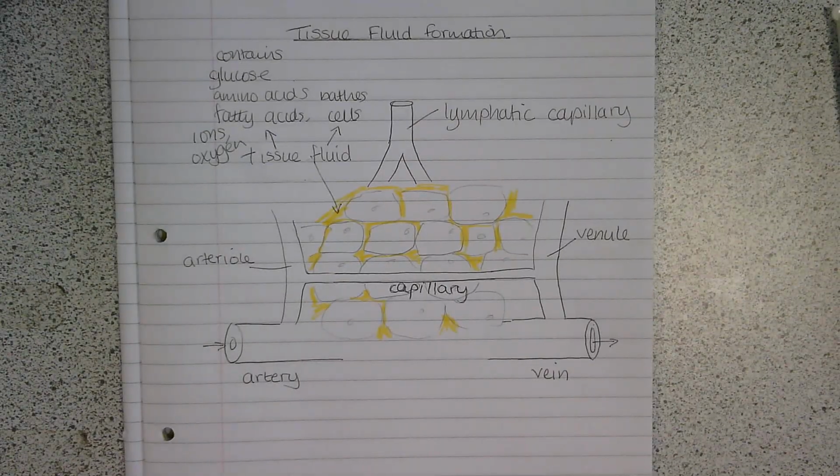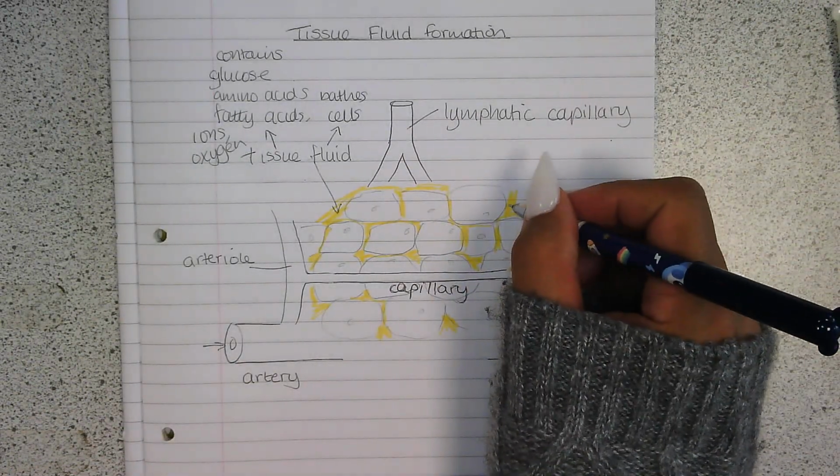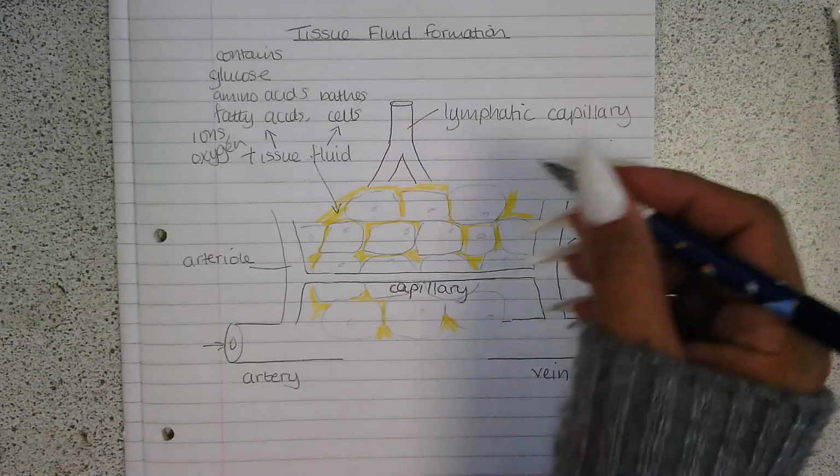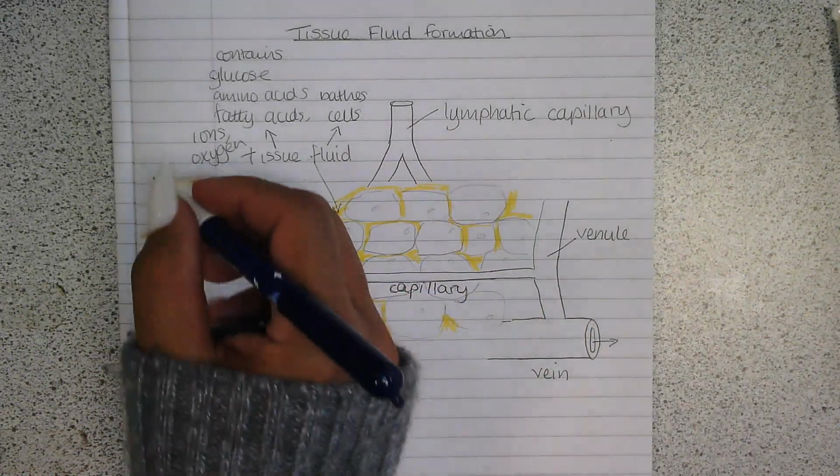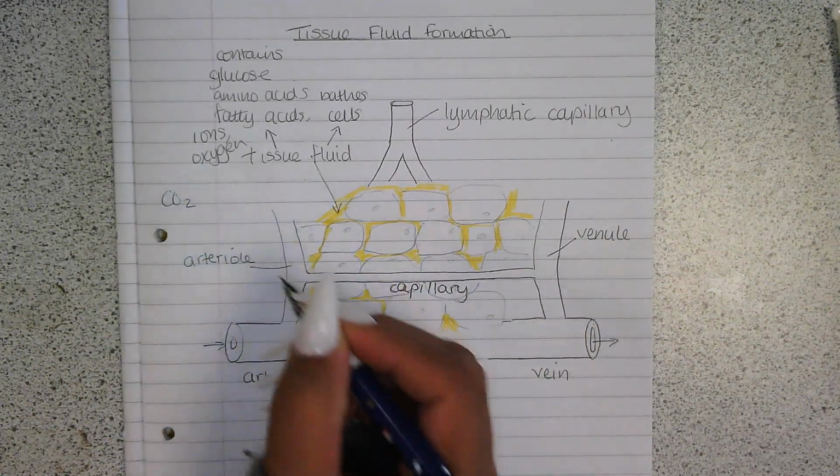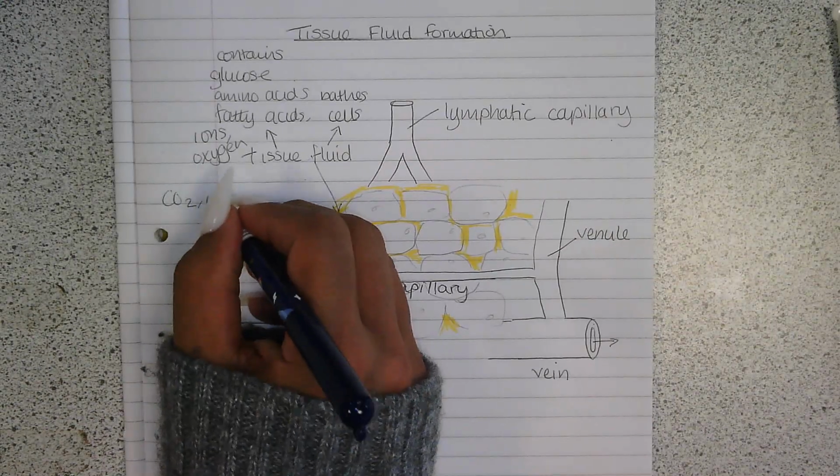The cells are going to respire and produce things that the cells no longer need. So the tissue fluid will also contain waste products like carbon dioxide and other waste products.